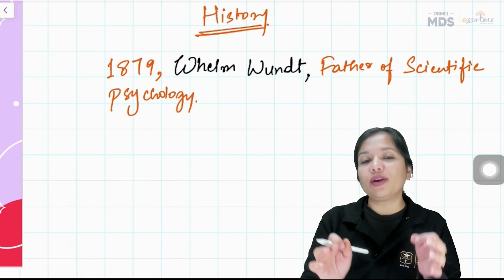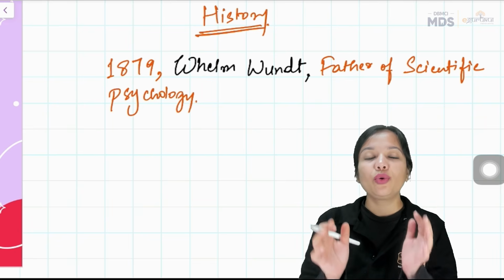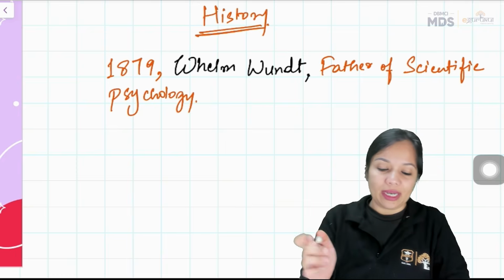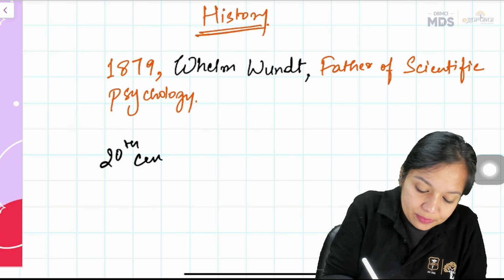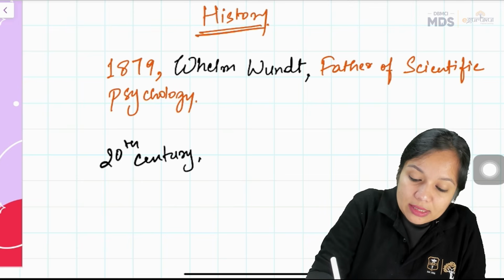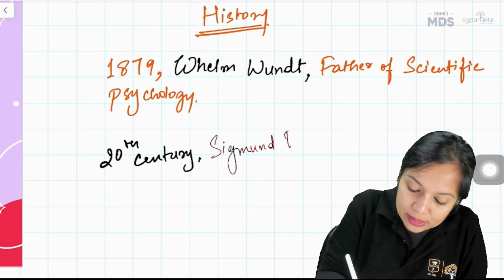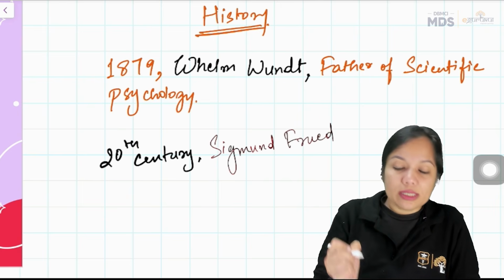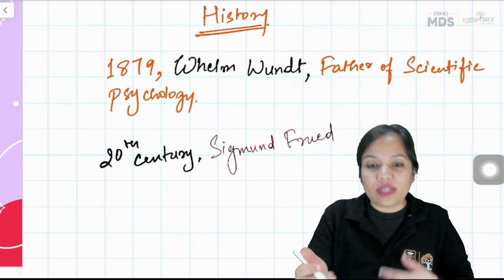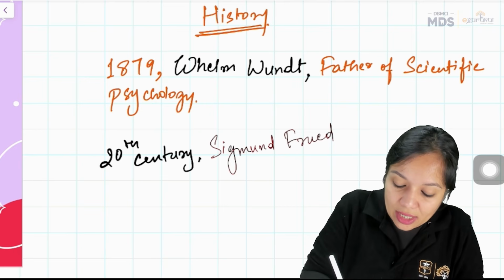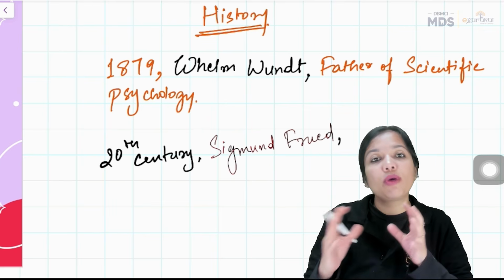Okay. But the real hero is Sir Sigmund Freud, who is the founder of modern psychiatry. Eventually, in the 20th century, Sir Sigmund Freud came into the world of psychology, and his contributions made him to be called the founder of modern psychiatry.